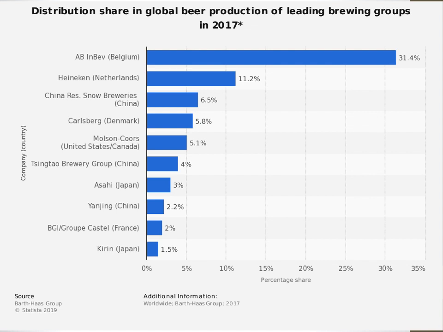AB InBev, 30% of the world market, Heineken and its associated brands, 11%, Snow Breweries and the Chinese government, 6%, Carlsberg, Molson Coors, 5%, and so forth. So again, very, very concentrated industry, not just at the national level, but at the global level.